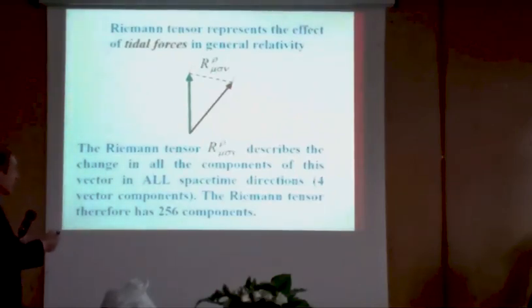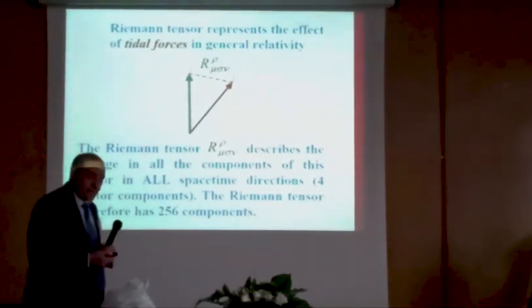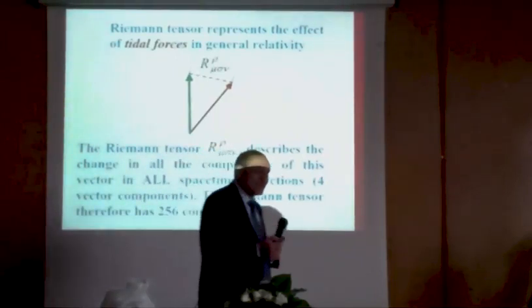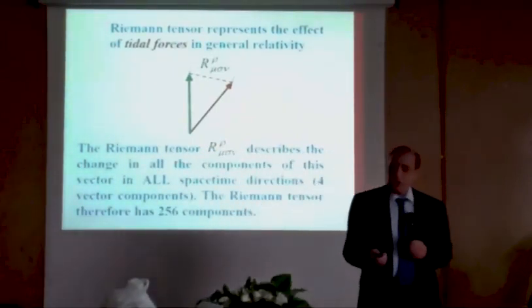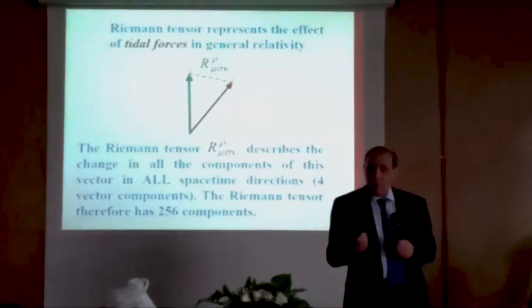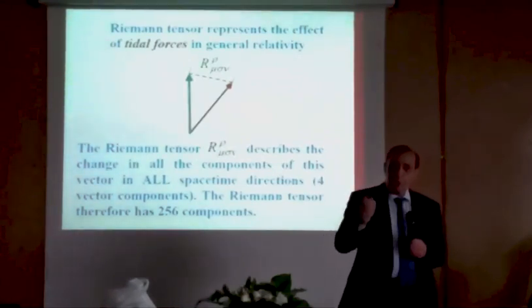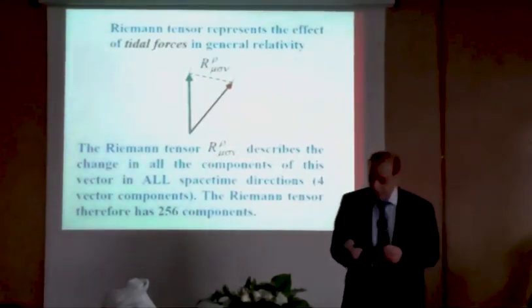The more curved the space-time, the more deviation I will have. So physically, the Riemann tensor is an expression of how much space-time is changing from one point to another point.